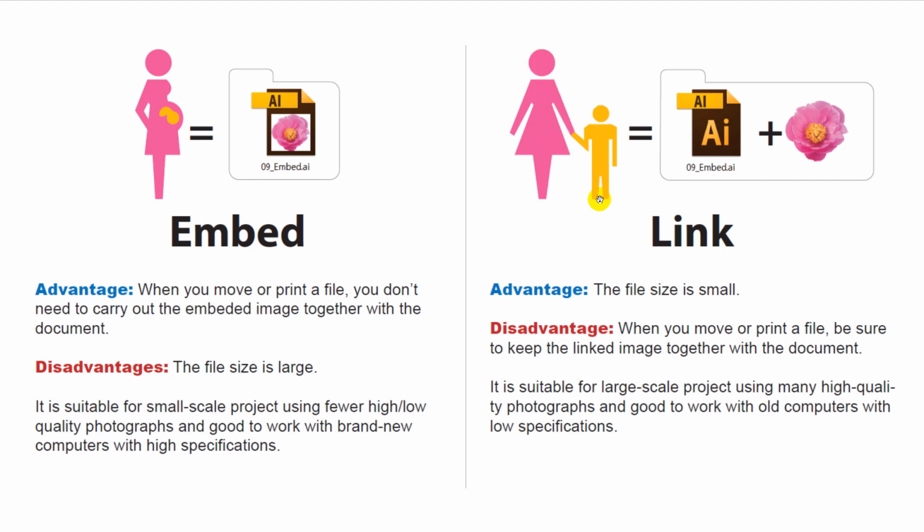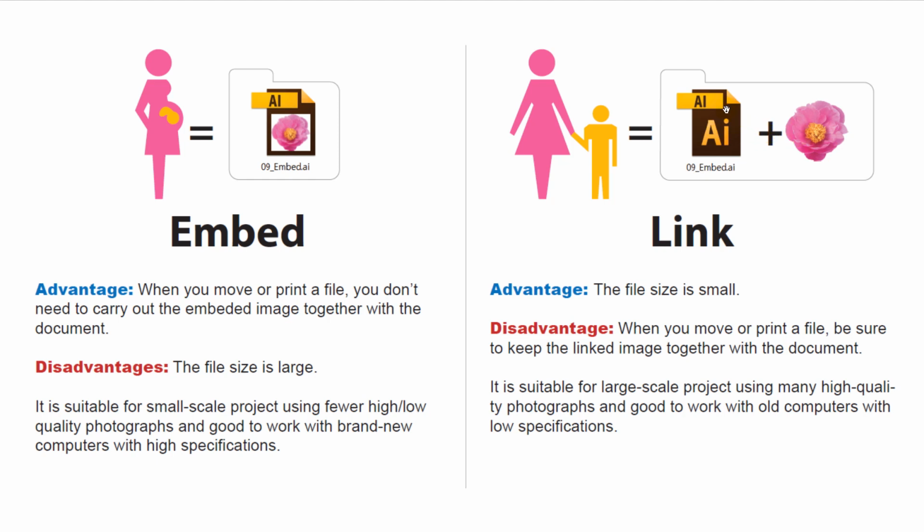Because mother and child are separated entities, if she doesn't want to lose her child, she must hold the child's hand when she moves out. In this way, when you place images using the link method in Illustrator, the document and the placed images are only linked, but they are separated from each other.